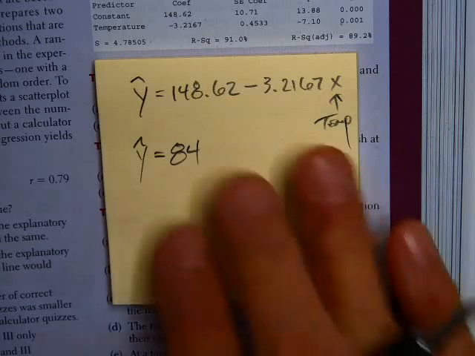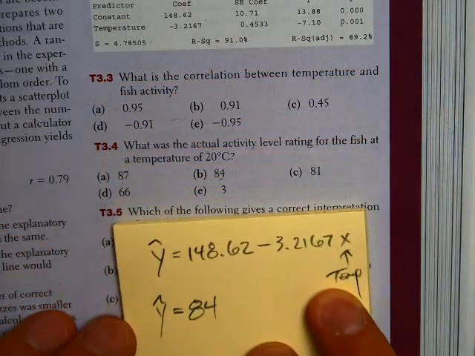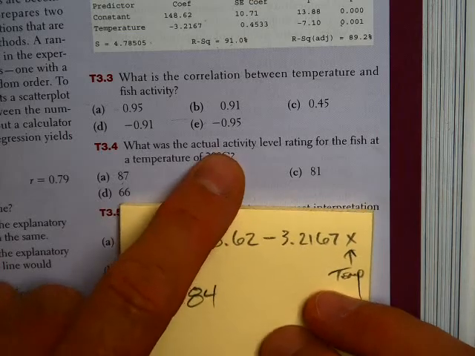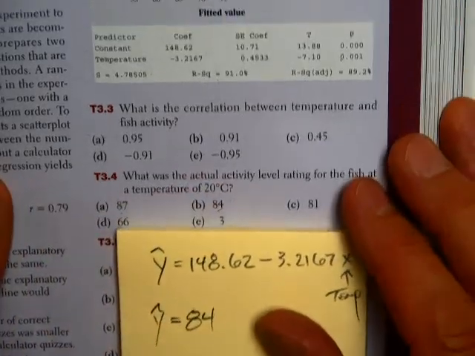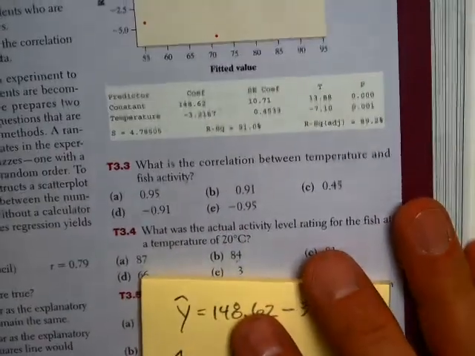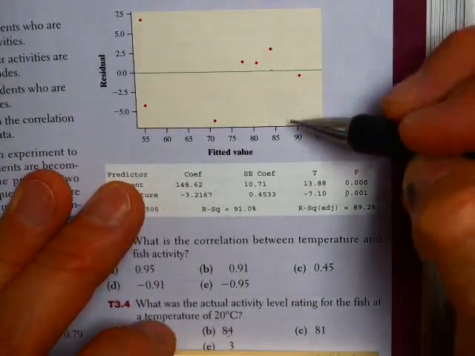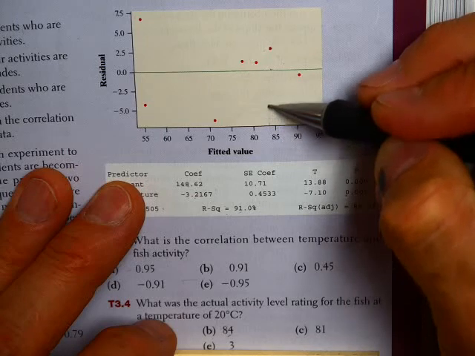But this is asking for the actual, and I bet you anything 84 is one of the answers. Sure it is, it's B, but we don't want B, we want the actual activity. So what that means is we've got to go up here to our residual plot, and I'm going to try to find 84 as best I can.